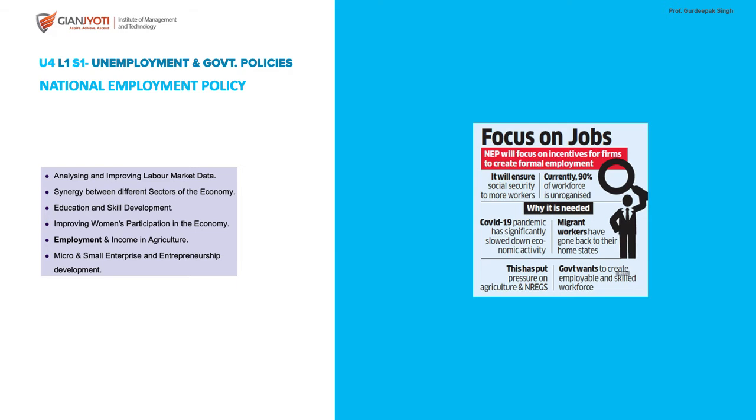This focus is needed because of COVID-19, and also because of the migrant workers who have gone back to their home states, and some of them are coming back. There are a lot of schemes which government has put in, so there is a lot of pressure on agriculture, and one is what we call the National Rural Employment Guarantee Scheme. So government wants to create an employable and skilled workforce as a result of this.